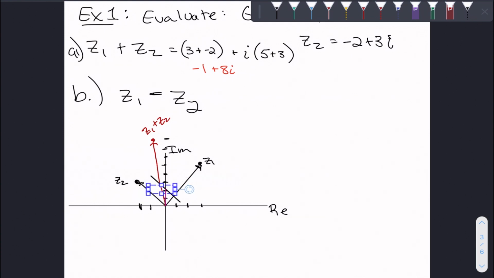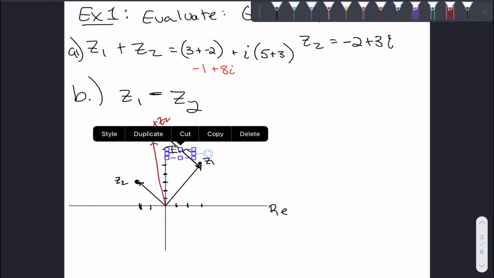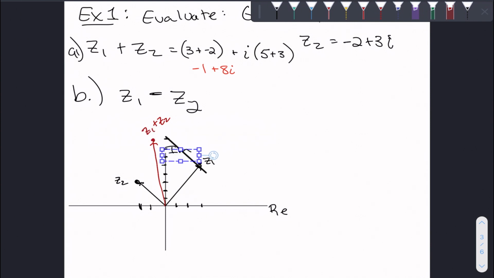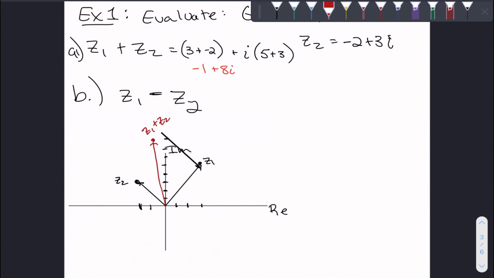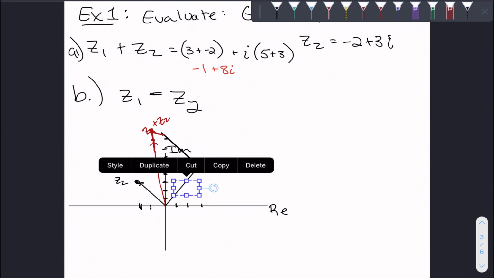If I have everything to scale, what I did was go from z1 and then move z2 in that direction. And if everything was to scale, these would match up perfectly at the location I need. But you all know that in addition, order shouldn't matter.